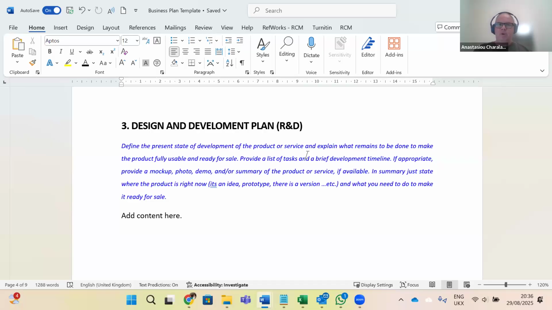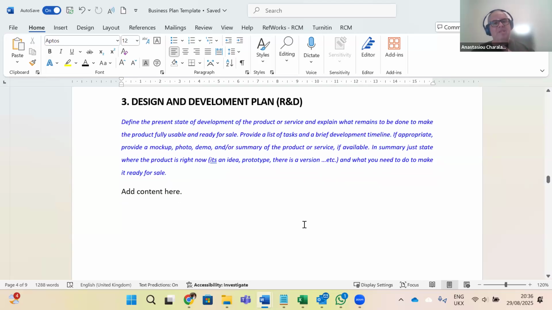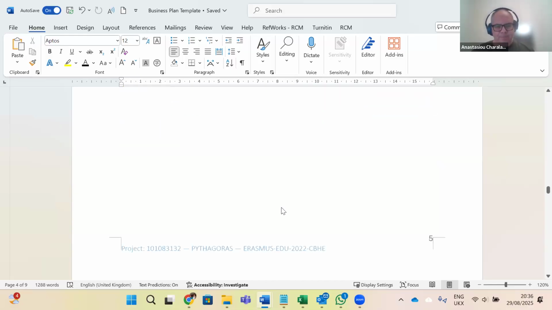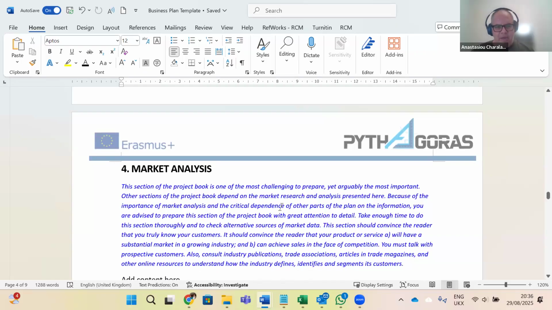Okay. And this is where you would put in maybe 5 or 6 major steps you need to do, maybe a timeline, a Gantt chart. It's up to you. Okay. But this is, what are the steps needed to make this ready for sale. Okay. So that's section 3.